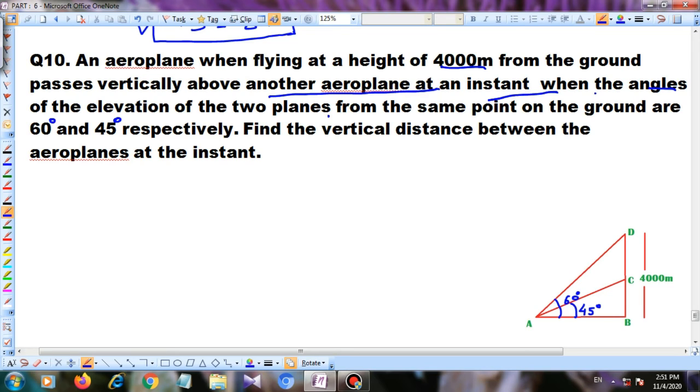Then find the vertical distance between the aeroplanes at that instant. Meaning, what is the vertical distance between the two planes? Meaning this, which is h.